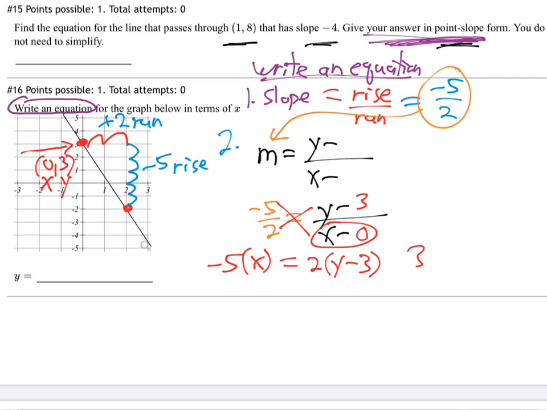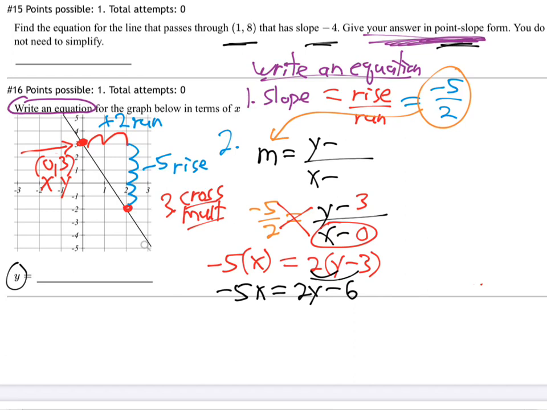Actually we did it up here, didn't we? Step 3, we cross multiply. Cross multiply. And then that's what? Minus 5x, and then distribute 2y minus 6.